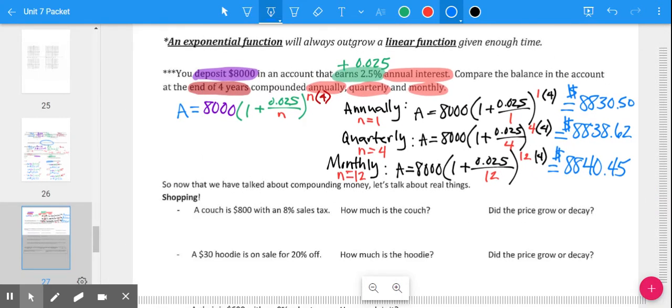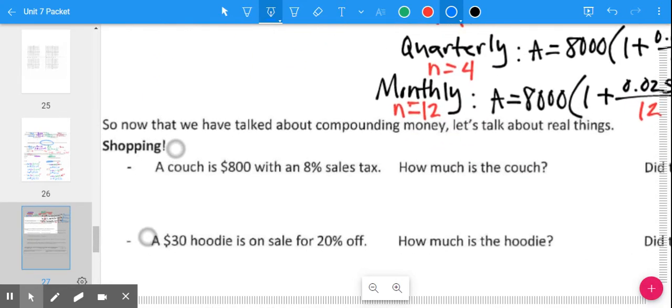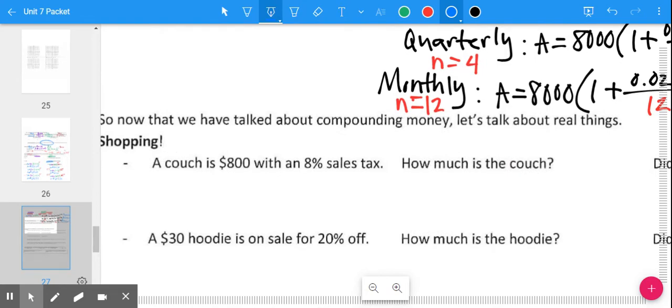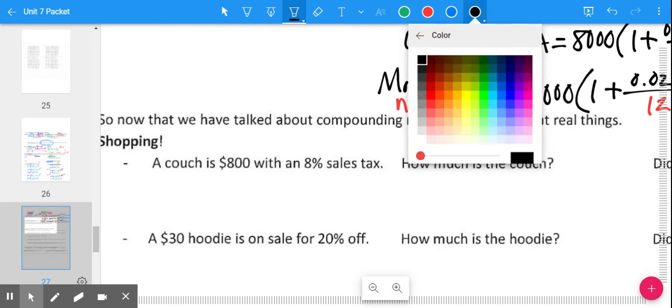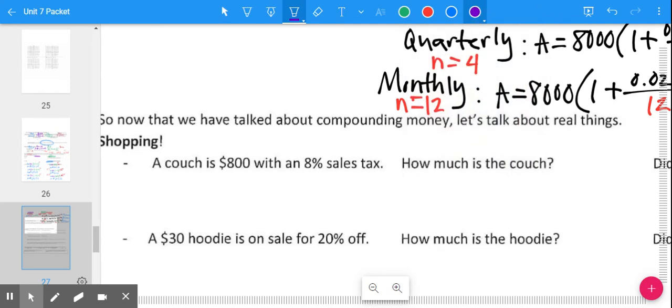So now we're going to talk about some real world application. So we have a couch. A couch is $800. That means the principal amount on that couch, that initial amount, is $800. And it has a sales tax of 8%.